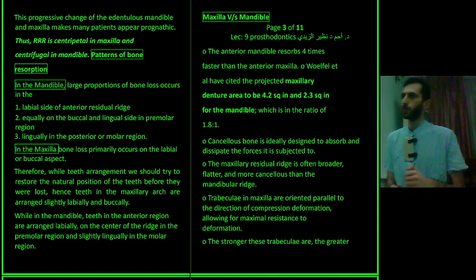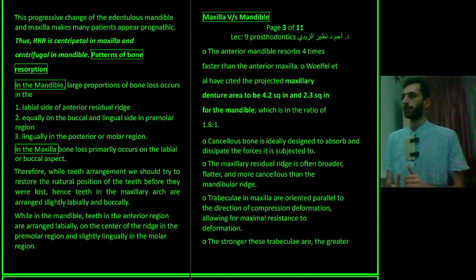Loss of bone occurs equally on the buccal and lingual side of the premolar region, and lingually in the posterior or molar region. In the maxilla, bone loss primarily occurs on the labial or buccal aspects.